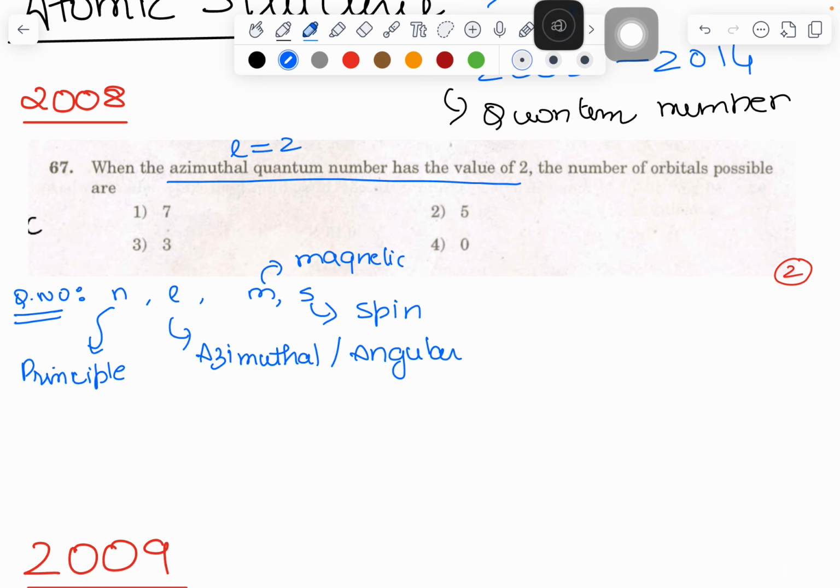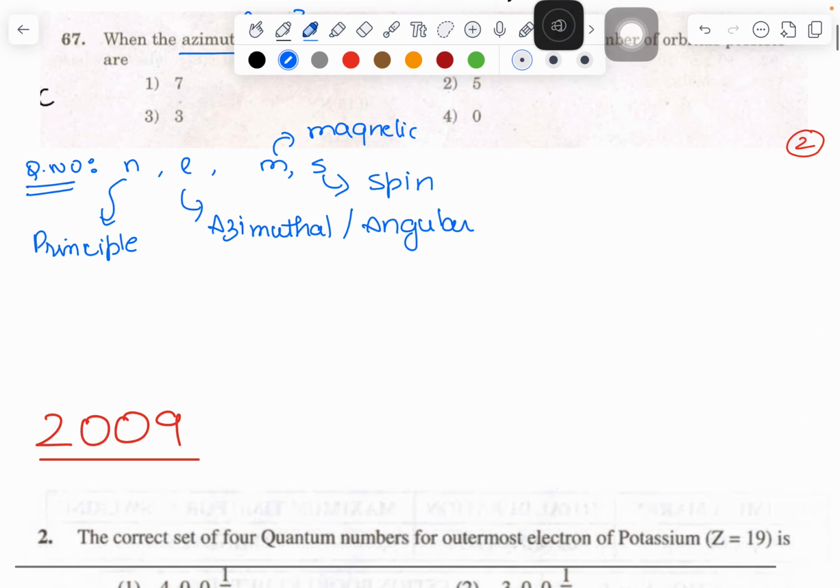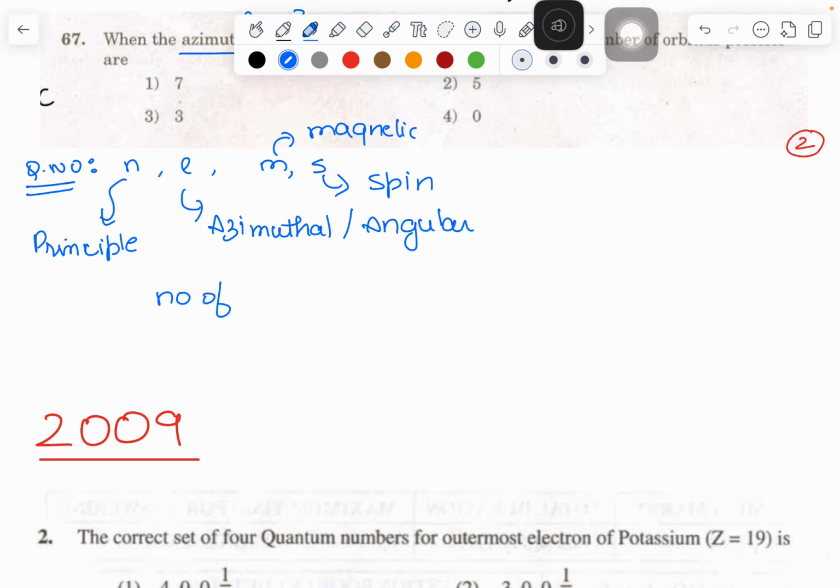There is one more trick. L defines the shape of the orbitals, or I can say the shape of a subshell.